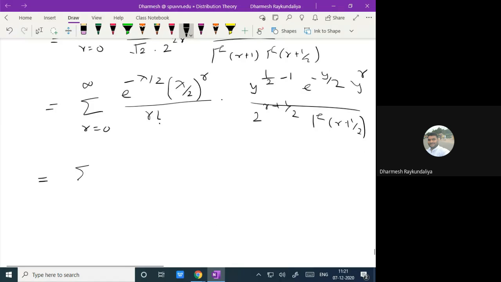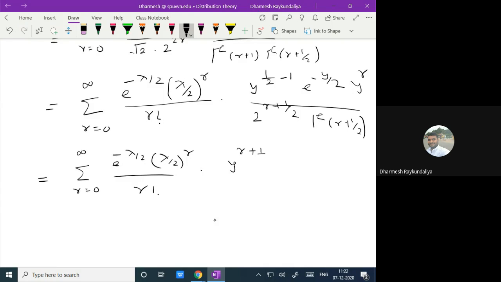So we can write it as r equal to 0 to infinity, e raised to minus lambda by 2 raised to r upon r factorial, into y raised to r plus 1 by 2 minus 1, e raised to minus y by 2.